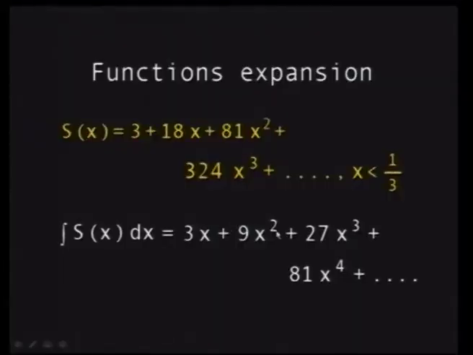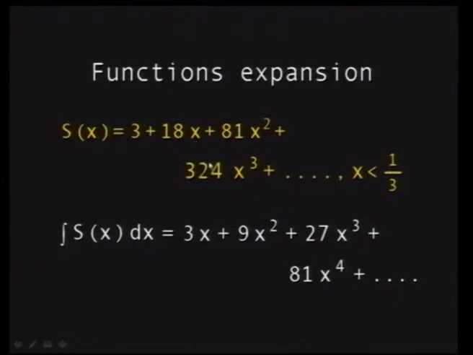Now, the sum of this series is easy to calculate. Why? Because for an infinite geometric series, the sum is equal to the first term, which is 3x, divided by 1 minus the ratio, which is 1 minus 3x, and here you get directly the sum of the series. After you calculate the sum of this series, what you do therefore is to differentiate this sum again to obtain the original series.